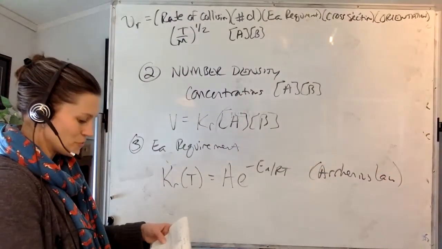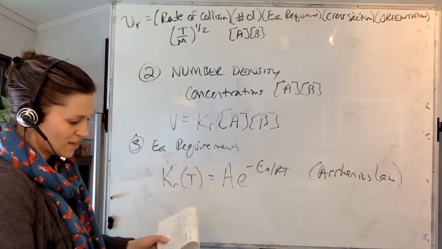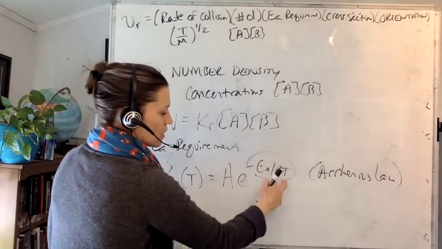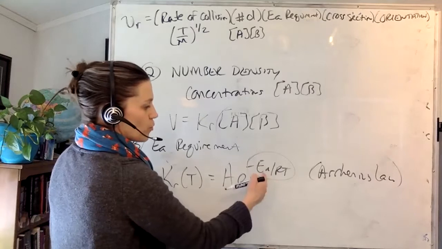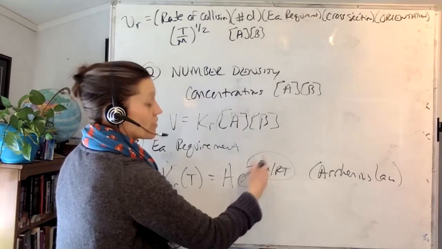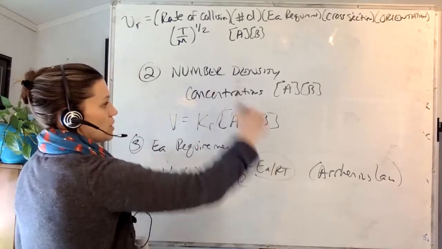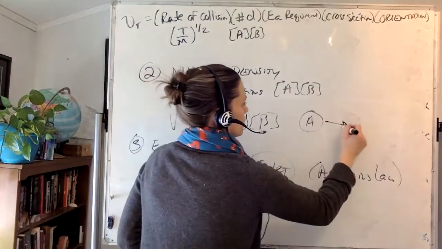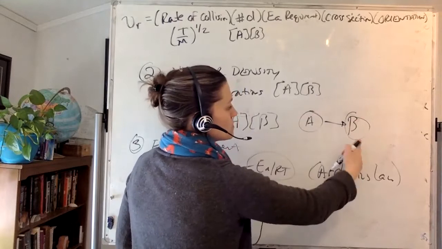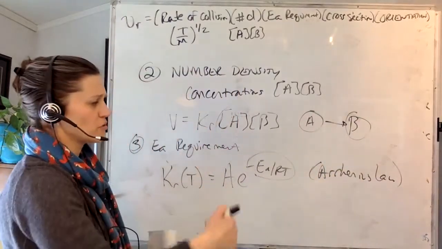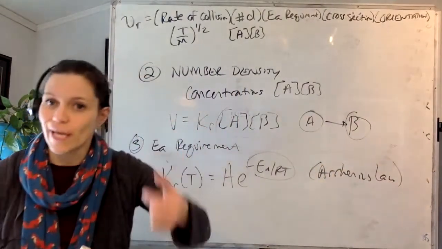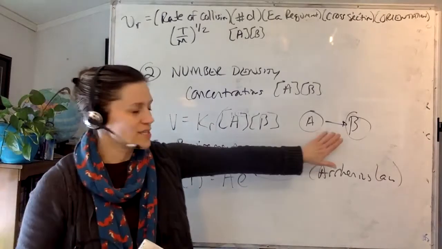So what we can say is that this EA here is a proportion of the energy of activation, or the energy associated with the transition state, which would be when A is coming into B or colliding with B. There's a certain potential energy that must occur such that the activated complex can be reached.